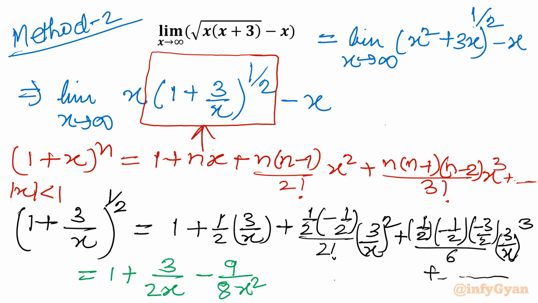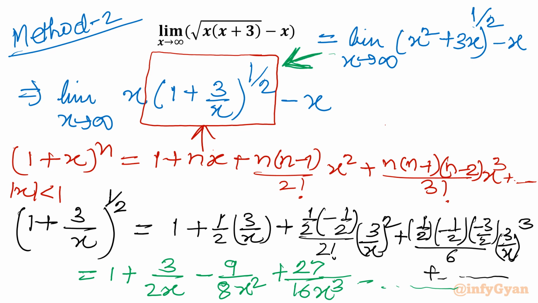Similarly, the next term, if you simplify, the denominator will be 16, 3 cube is 27. So plus 27 over 16, and in the denominator x cube will be there, minus and so on. Now I will use this value in the place of the red box.